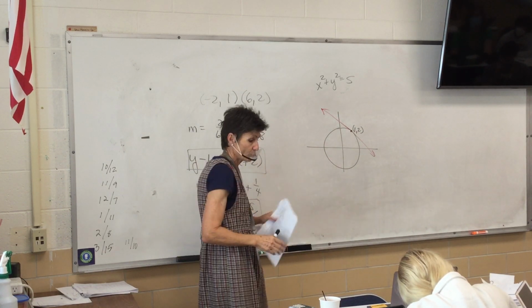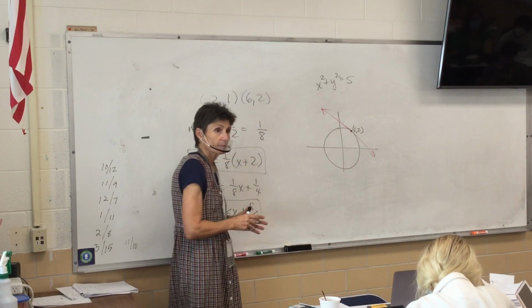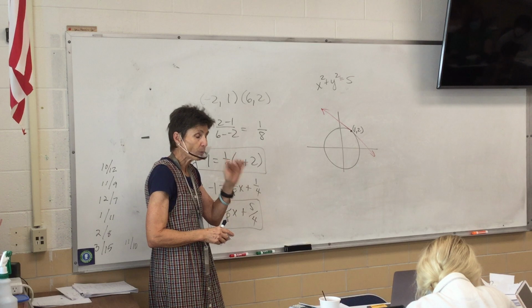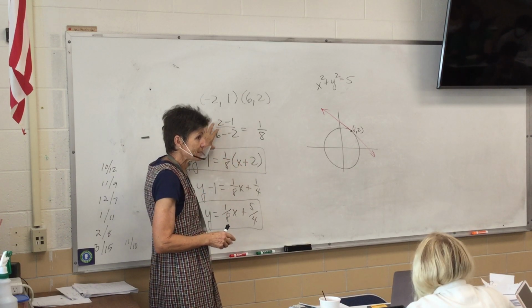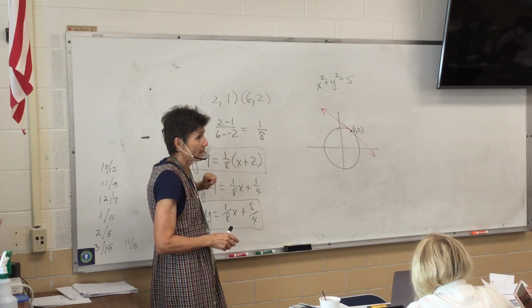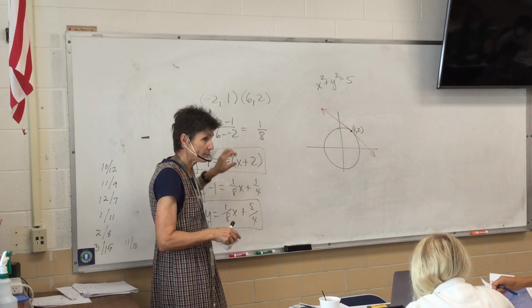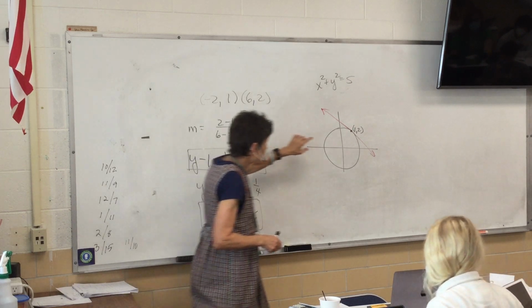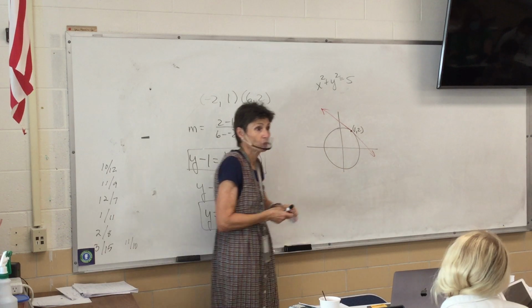Your job is to write the equation of that line. Okay, now don't panic. You know how to do this. You just did it. What did you need to write the equation of your line? You needed the slope and you needed a point. You definitely have the point. Now we have to find the slope.